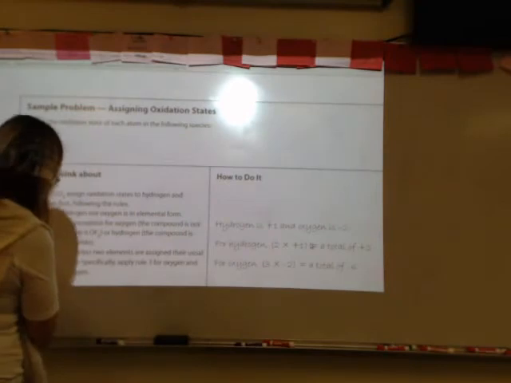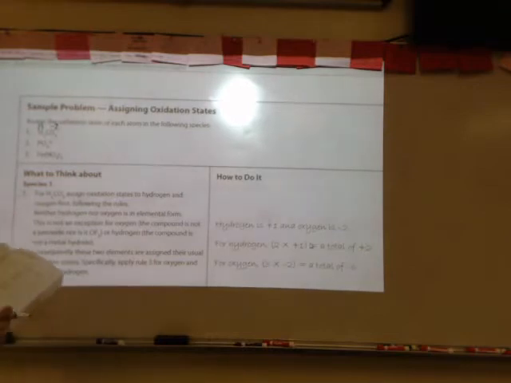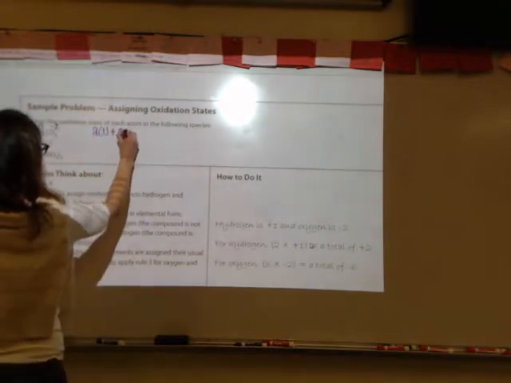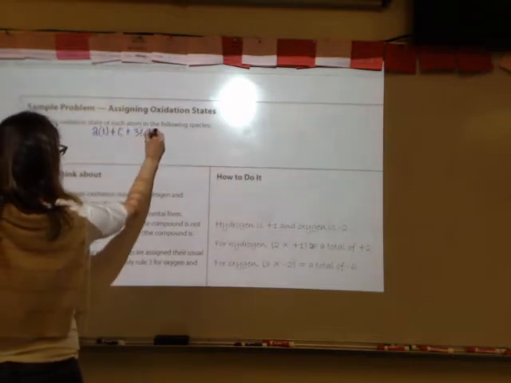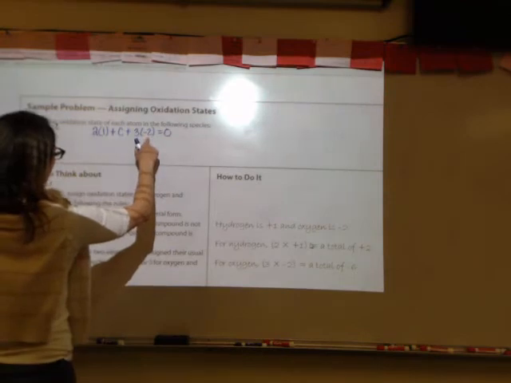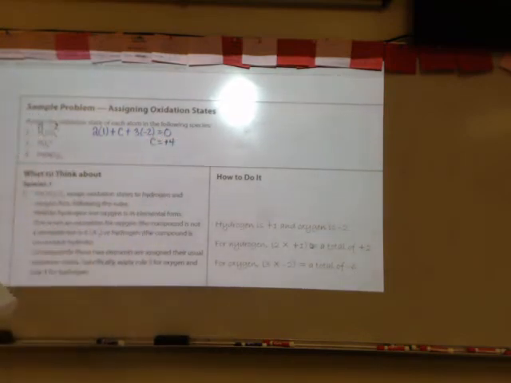Now, you know that hydrogen is +1, and oxygen is -2, and we would calculate carbon from there. So 2 hydrogens at a +1 plus carbon plus 3 oxygens at a -2 add up to 0. 2 minus 6 is a -4. That means carbon will be a +4.